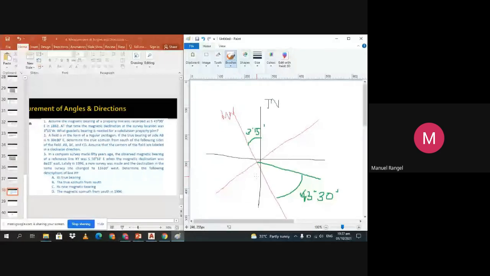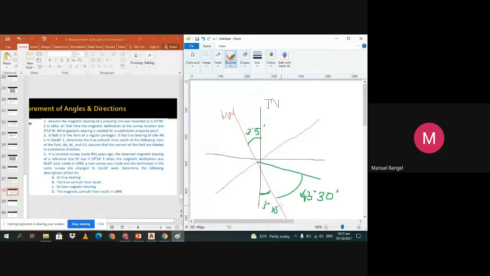So we know that this angle, the magnetic declination of 3 degrees 15 minutes west, is also equal to this angle. Right? It's also 3 degrees 15 minutes west.